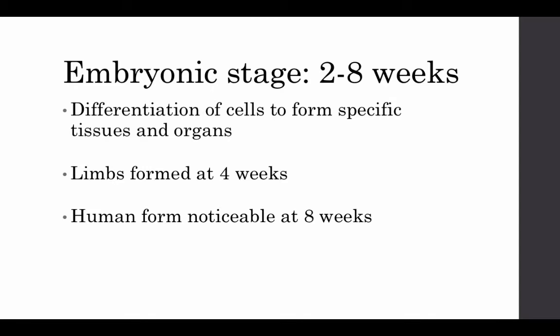The growth takes place via hyperplasia and hypertrophy, where the number of cells increases as well as the size of the cells increases. The growth occurs cephalocaudally, meaning from head to lower body, and occurs proximodistally, meaning that the development of the trunk occurs before the development of the limbs.